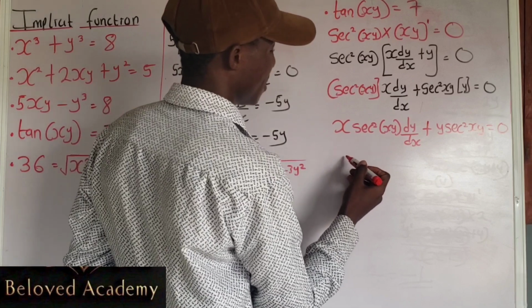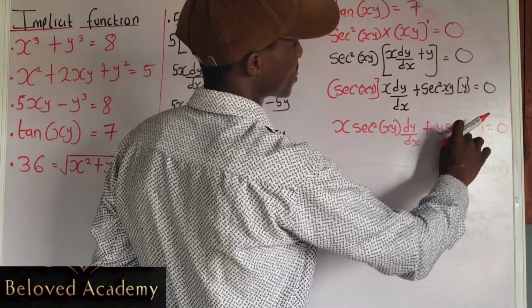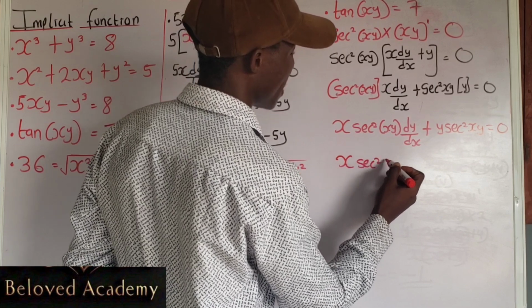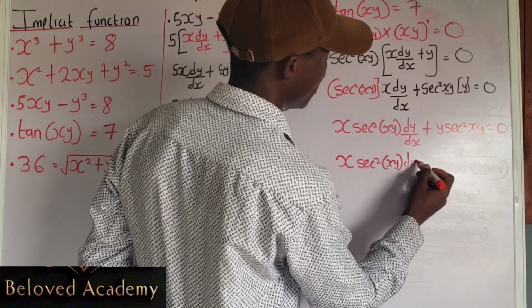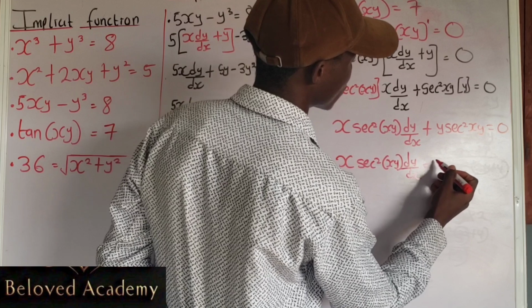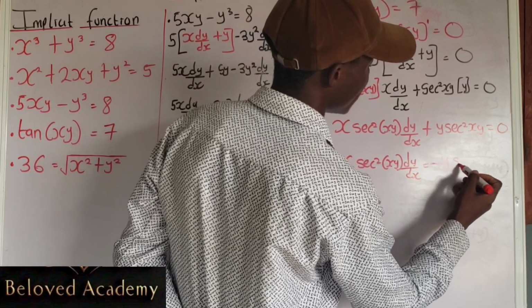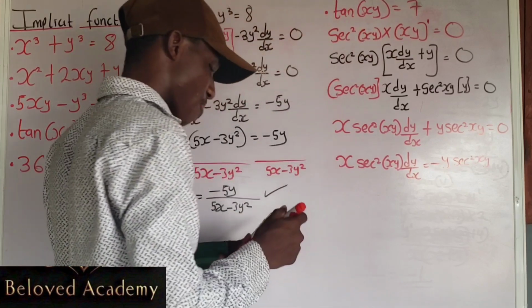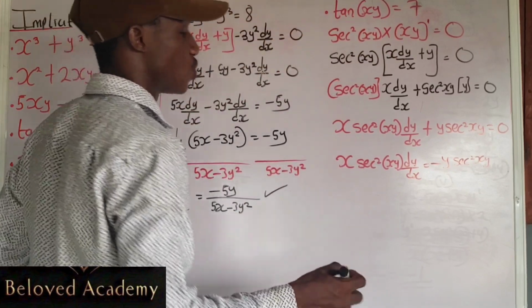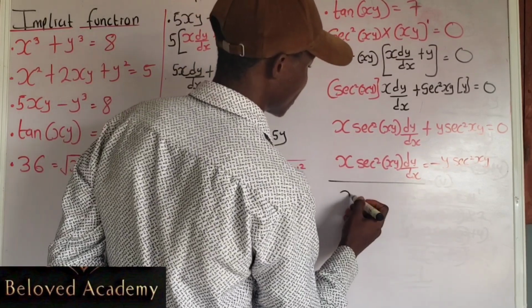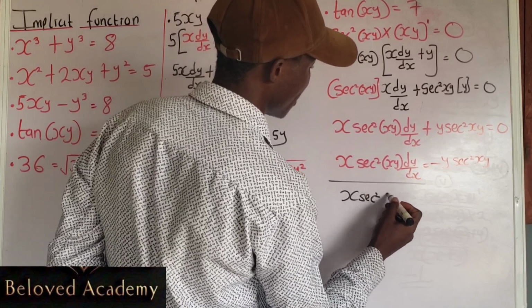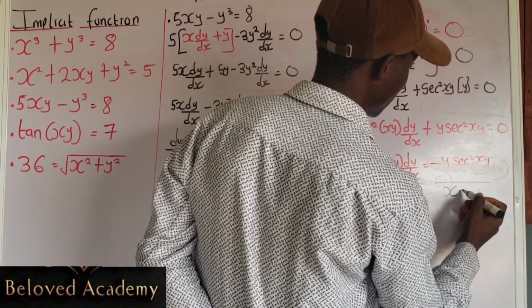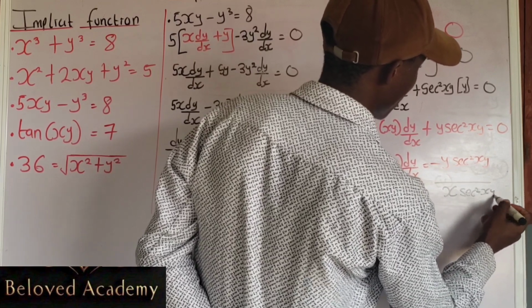Now, I'm going to take this y sec square xy to the other side of the equation, so I'm going to have x sec square xy dy over dx equals negative y sec square xy. You understand? Now, because the goal is to look for dy dx, I'm going to divide both sides by x sec square xy.